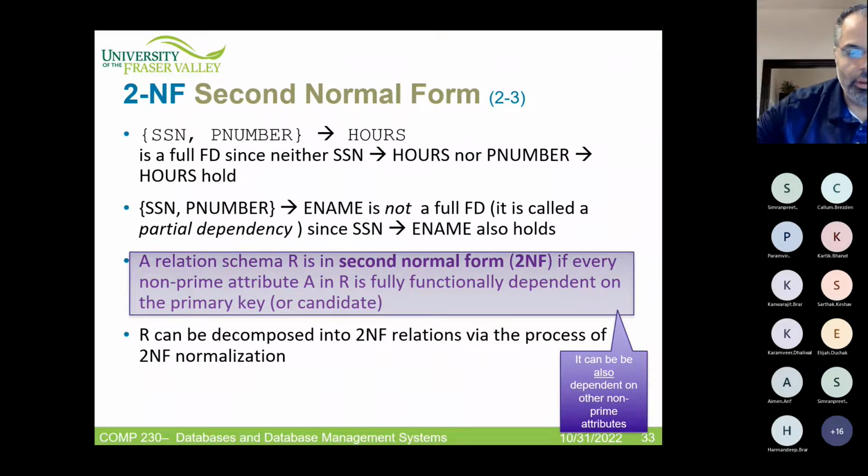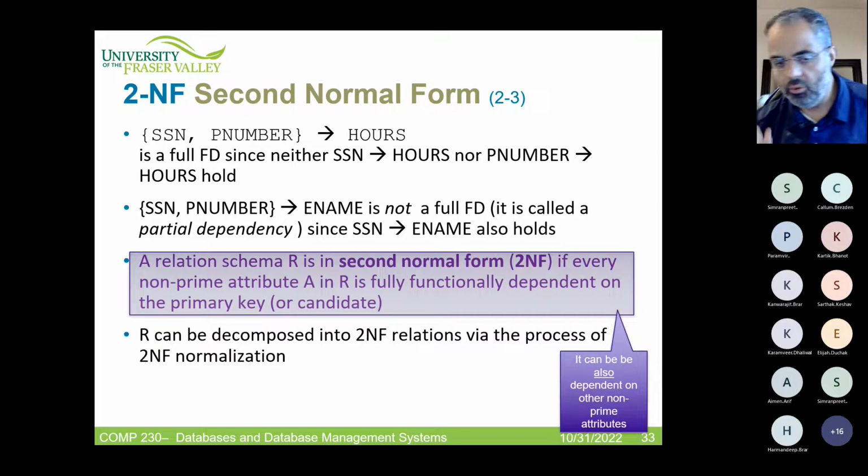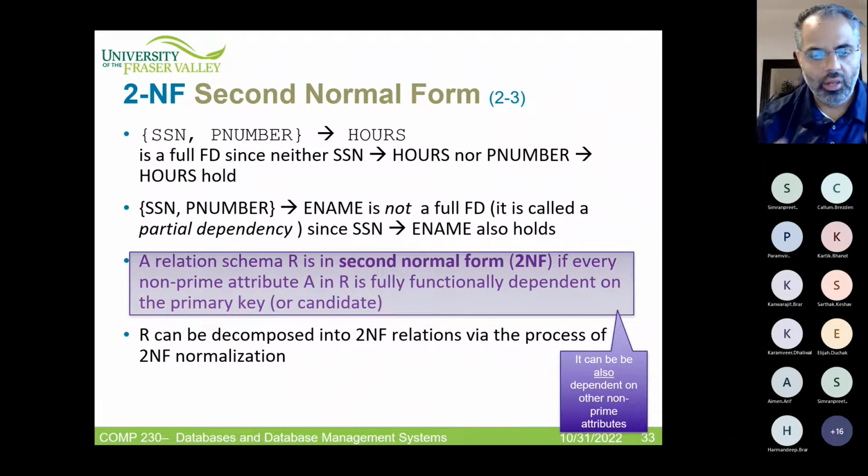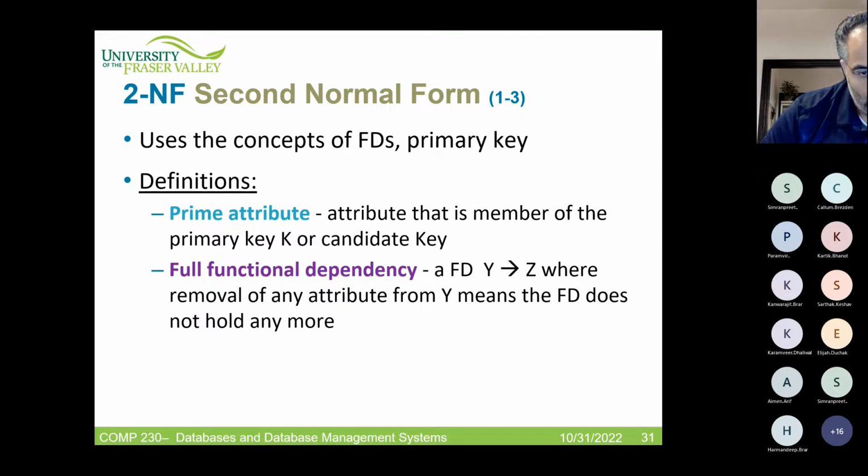So second normalization holds if every non-primary attribute is fully functionally dependent on the primary key or candidate key. What is fully functionally dependent? It means that it doesn't depend on a part of the key. It depends on it as a whole.